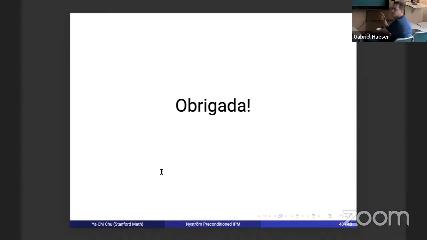It is good for our case because the Nystrom preconditioner needs the regularization for the delta plus something to be well behaved, and the usual IPM doesn't have it. So that's why we chose this one. It fits our preconditioner, and it works pretty well in practice. But you're right. That's one of the points.